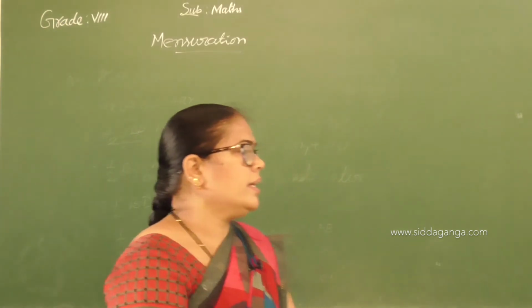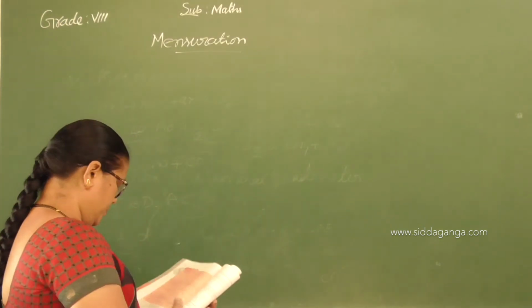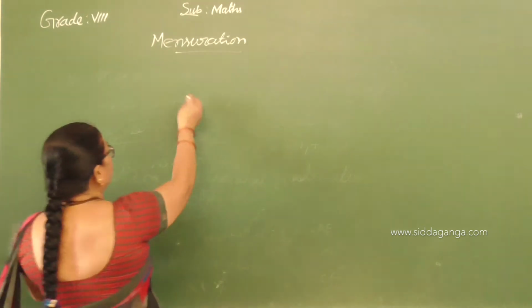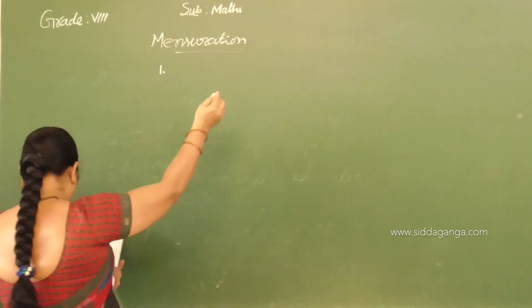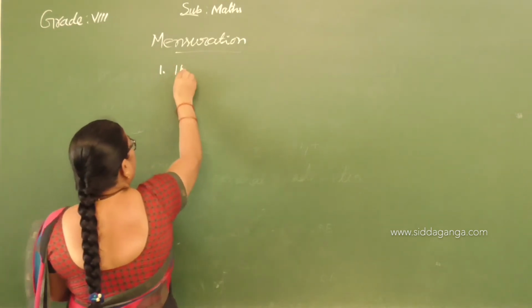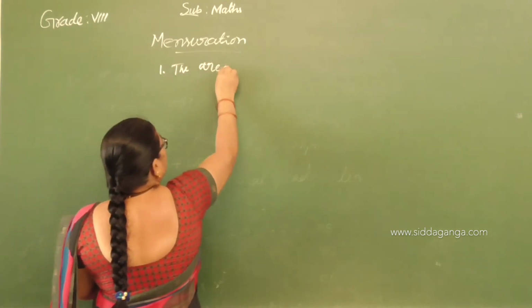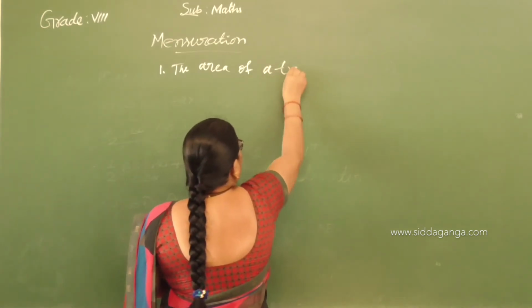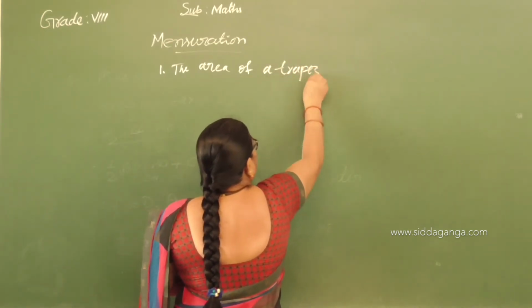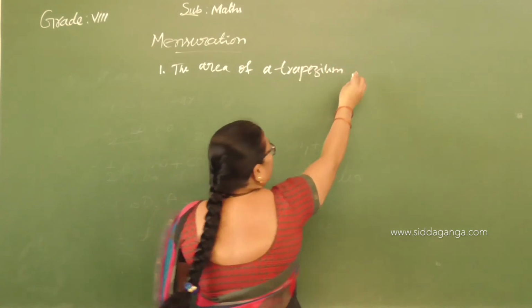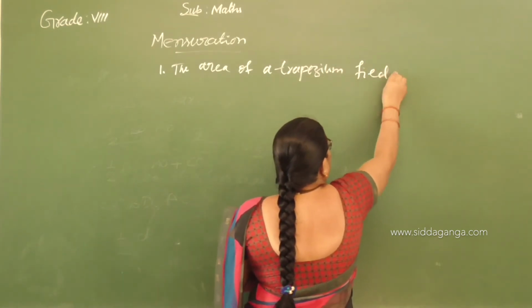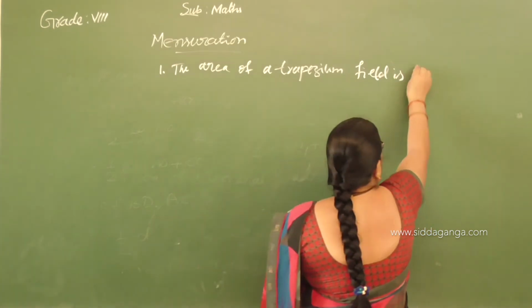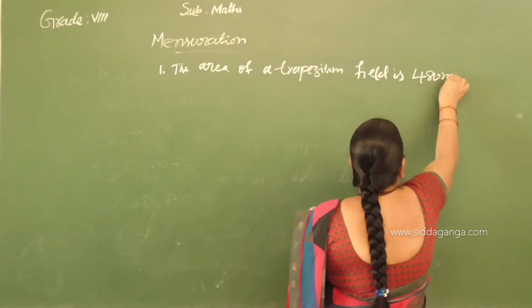We have to take the problems. The area of a trapezium shaped field is 480 meter square.